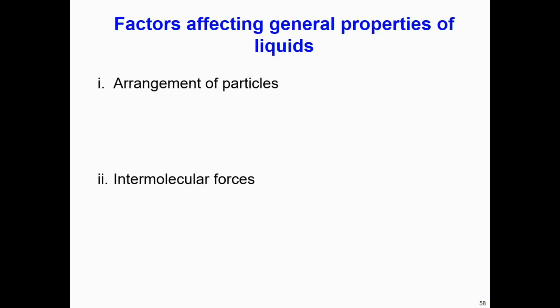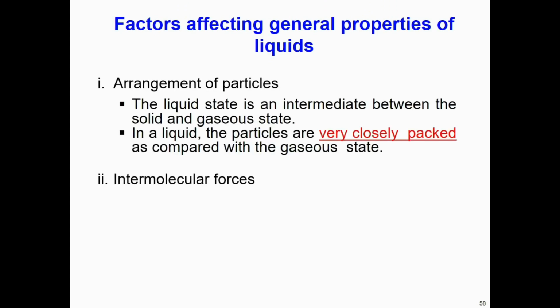So there are a few factors which affect the general properties of liquid, and they are arrangement of particles and intermolecular force. For arrangement of particles, the liquid state is an intermediate between the solid and gaseous state.